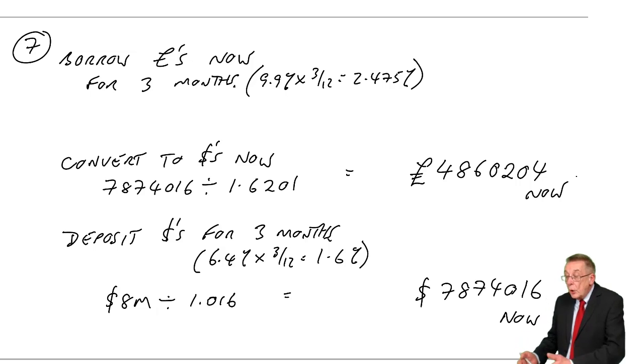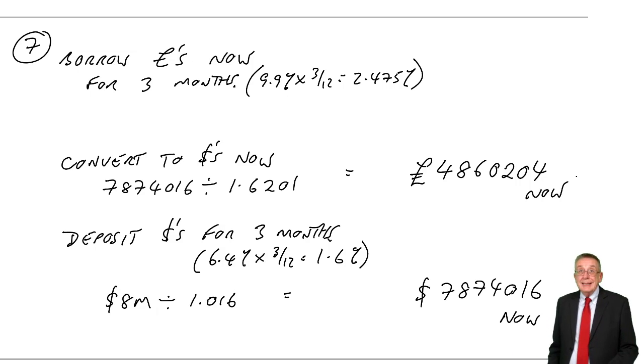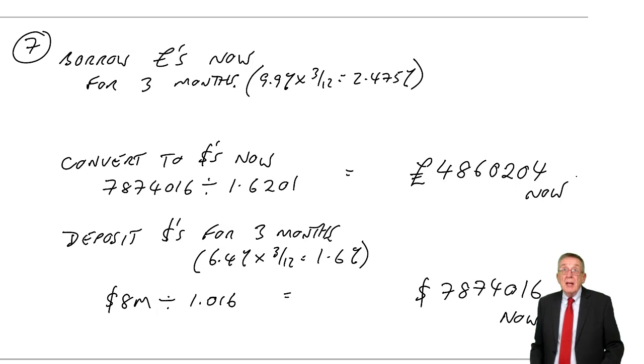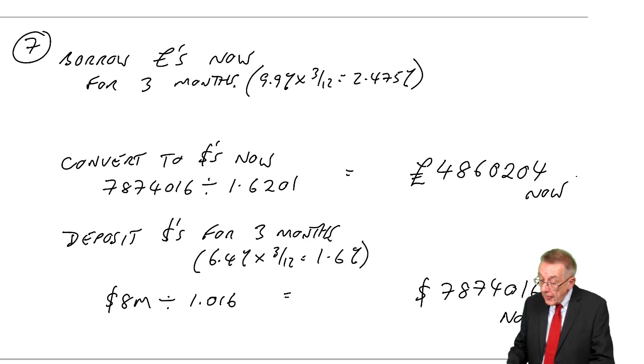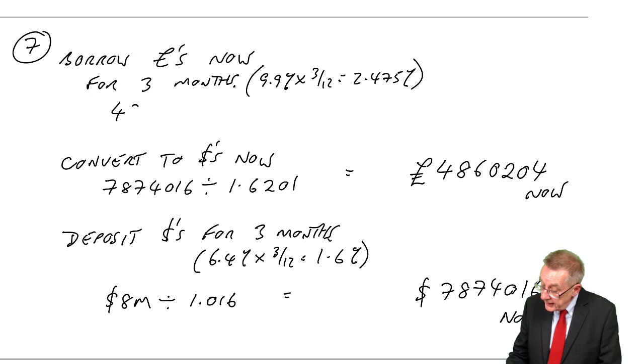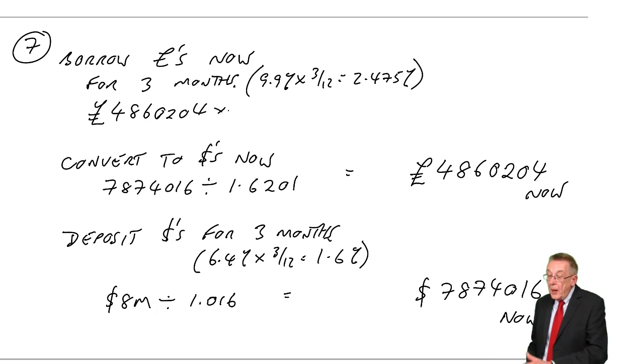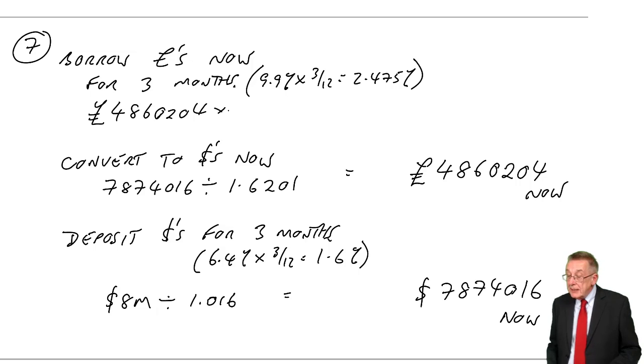Finally, in order to have that 4.86 million, we're going to need to borrow it. We'll borrow it for 3 months, and so by the end of 3 months, they'll have added on interest. We'll be owing more. So 4,860,204 is borrowed at 2.475%.